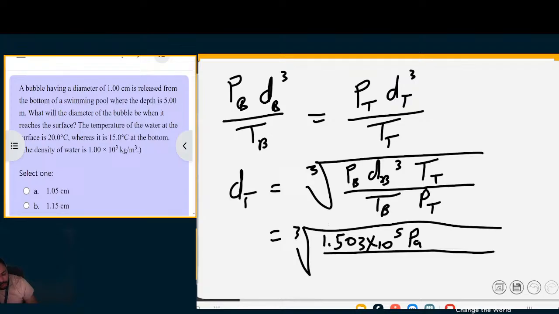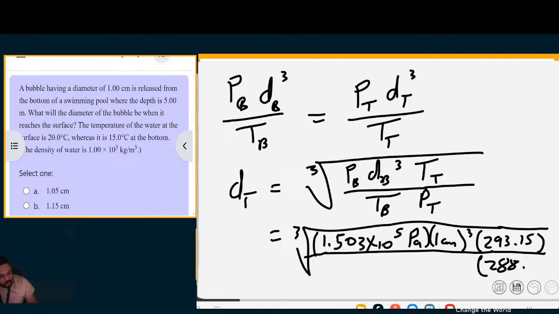then multiplied by the diameter, which in this case I can keep in centimeters cubed, multiplied by the temperature at the top, which is 293.15 Kelvin. The temperature at the bottom was 288.15.